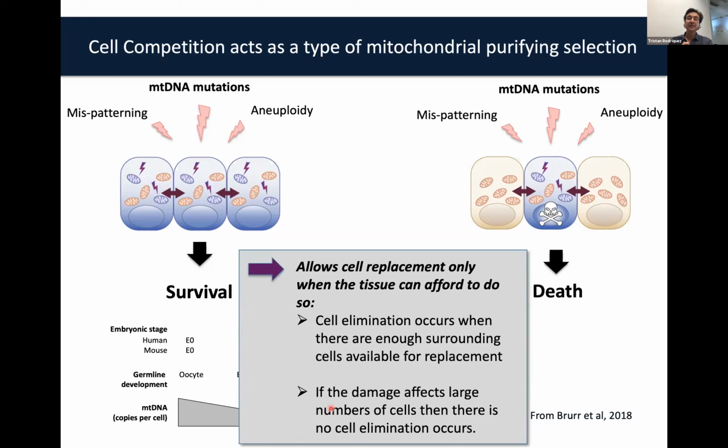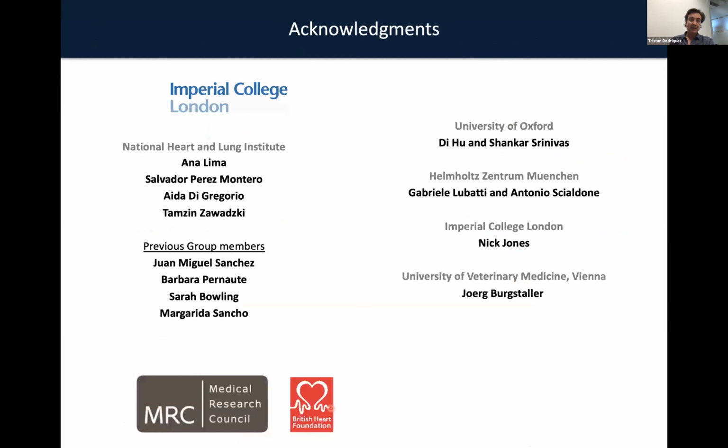In contrast, if damage affects too many cells in the tissue, then the first response of the cells is to try and repair, because if this large amount of damaged cells are removed, this may compromise the survival of the embryo.